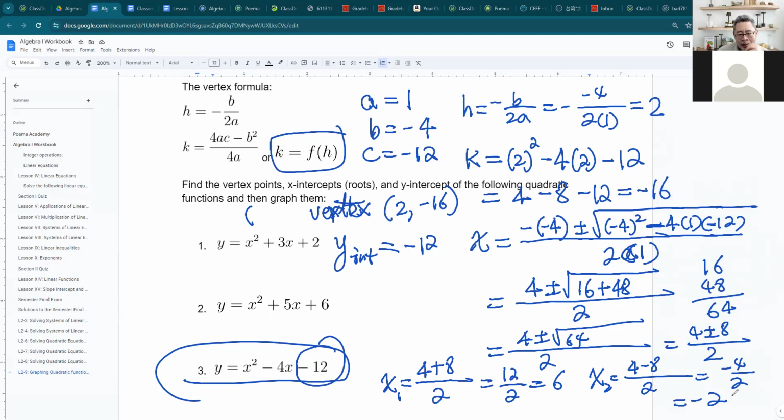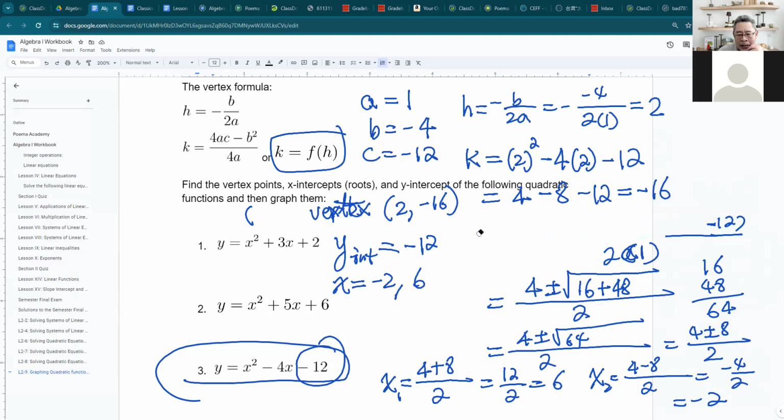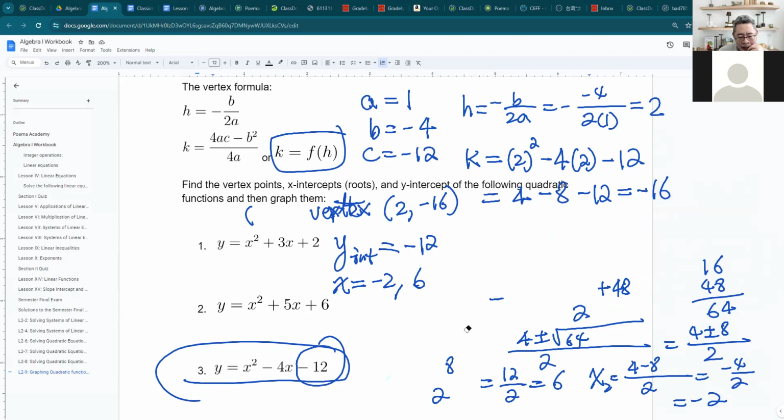Okay? So we got x equal to negative 2 or 6. So now we have that, we can just graph it, because we've got all the points we need.